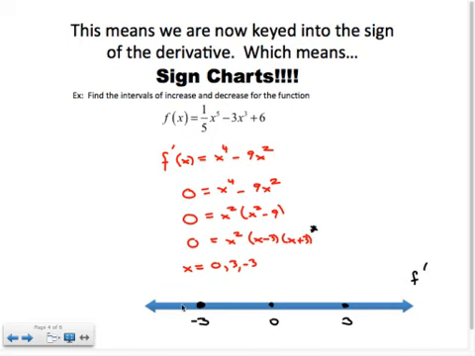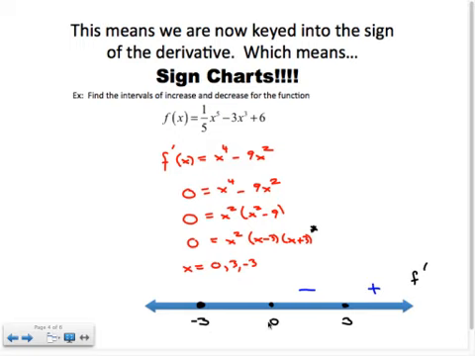Now let's test a number in each interval to determine what signs each interval takes on. For example, when x is bigger than 3, let's say 10, I'm going to get a positive times a positive times a positive. I don't need to know the exact numerical value, I just need to know the sign. When x is a number between 0 and 3, like 1, I'm going to get a positive times a negative times a positive. Overall, a negative.